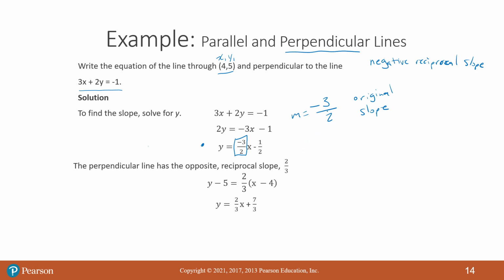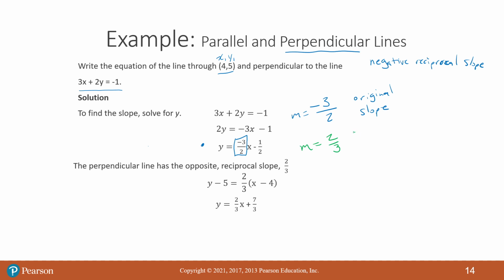The negative of negative 3 halves is positive 3 halves. So my new m here, negative of a negative is a positive, should be positive. And if I take the reciprocal of it, if I flip it, that should change it to 2/3.